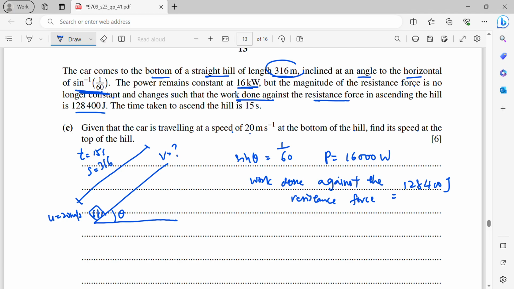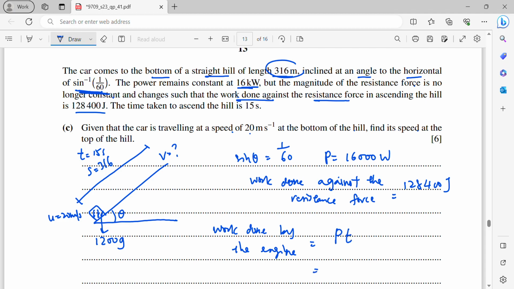Alright, so from here we know that this car, the mass is 1,200 kilograms, so the weight is going to be 1,200 g. So from here I know that I need to count the work done by the engine first. So work done by the engine will be power times time.